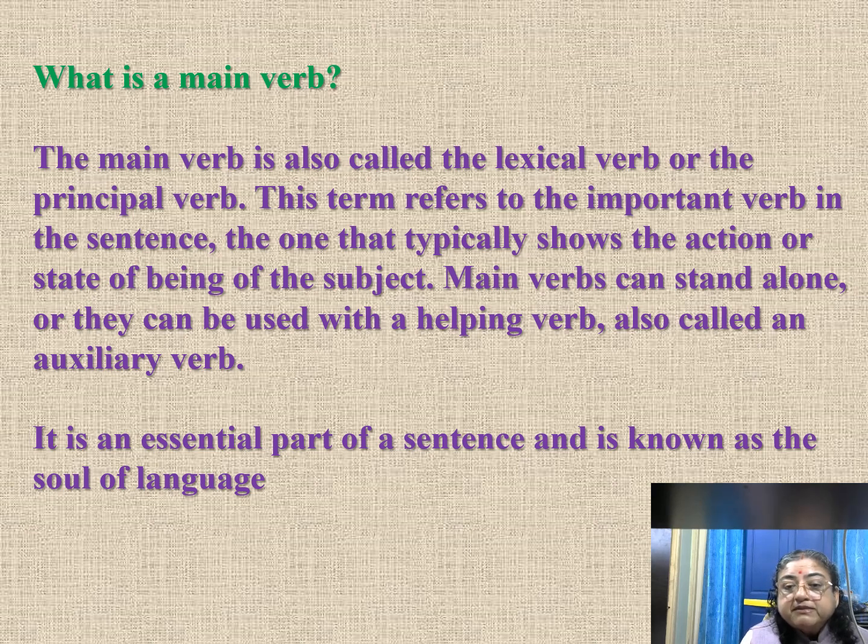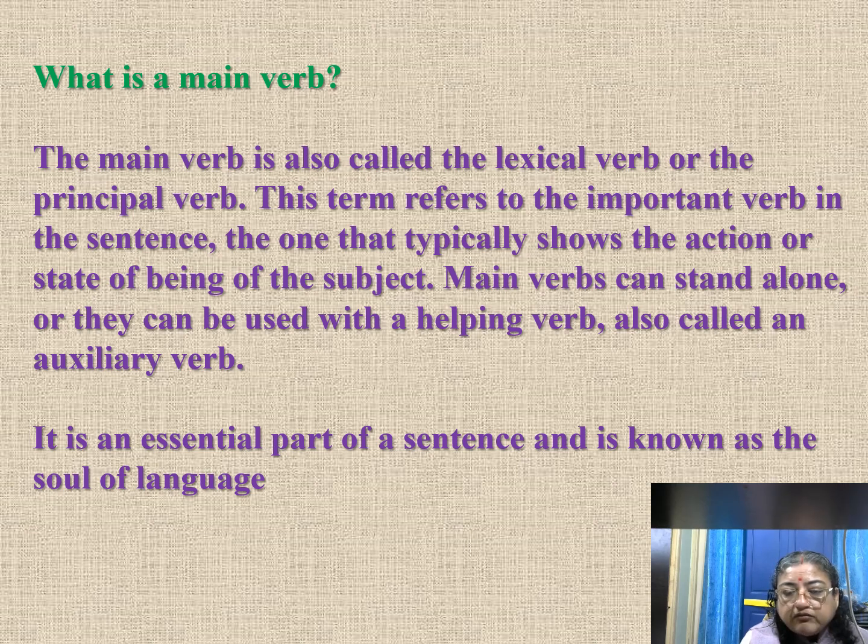And when a main verb is used as stand alone, meaning singly, with no other helping verb there, and that verb alone is doing the action or state of being in the sentence, then we call it main verb, with no need of help from any other verb.